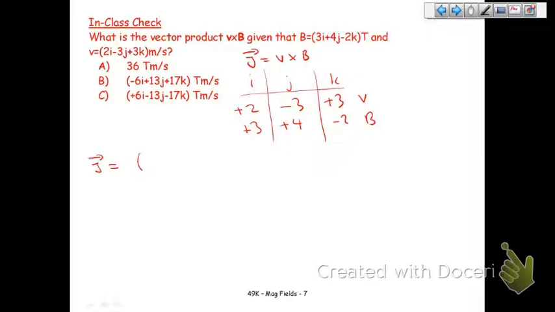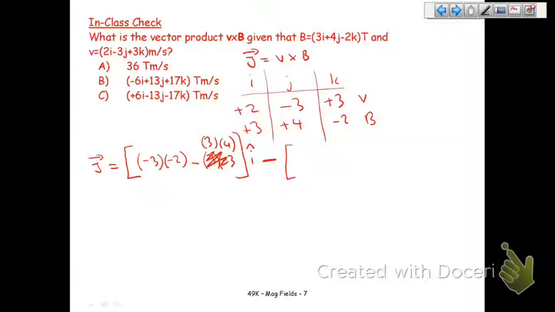So it's minus 3 times minus 2 minus 3 times minus, oh no, that's not right. Mistake number 1. Minus 3 times minus 2, 3 times 4. Put it in square brackets, and that's my I stuff. Then I put my negative sign down. Not most people, some people forget that. You've got to put the negative sign down.